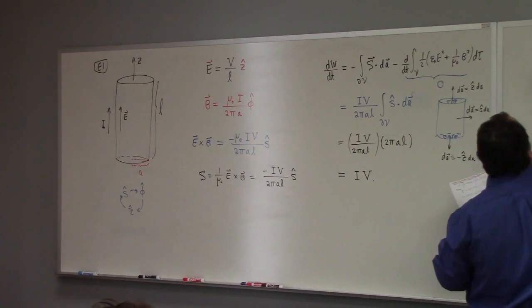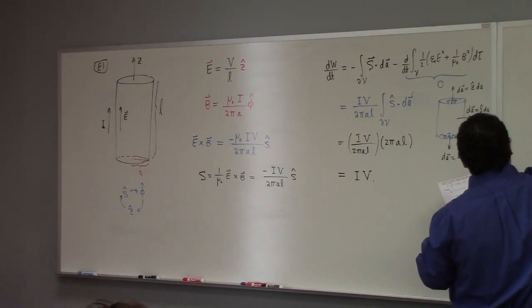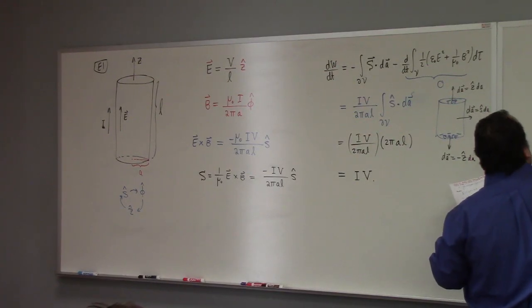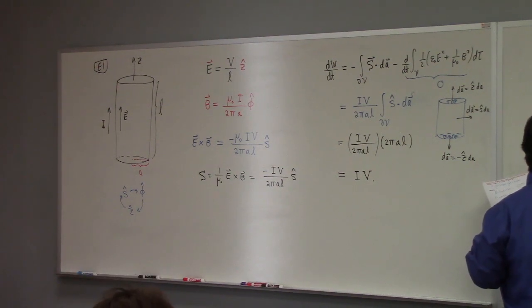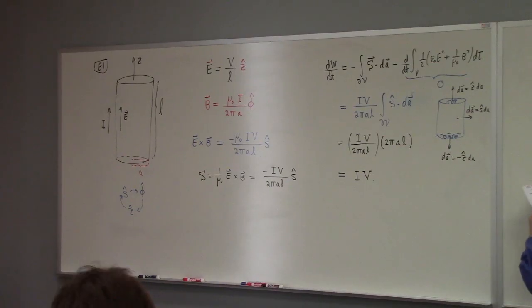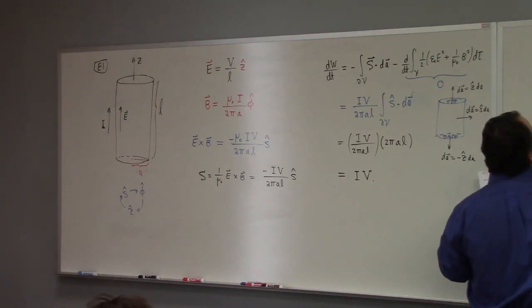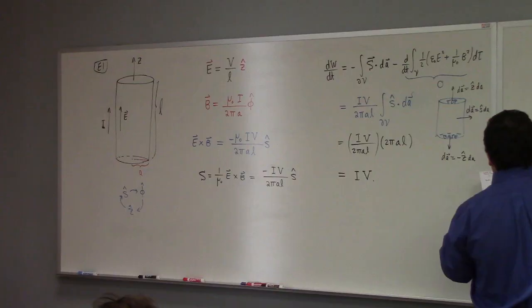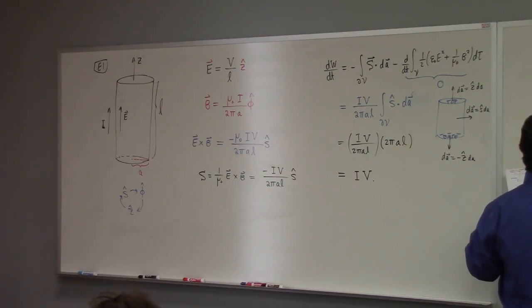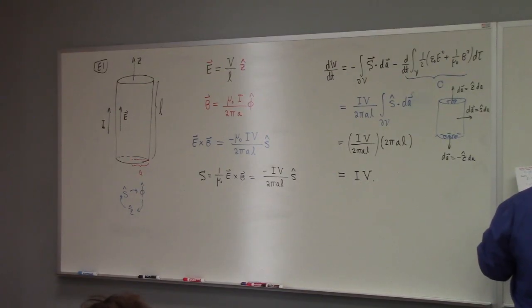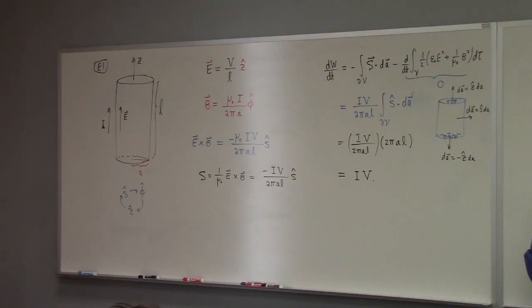So what we're up against here is we're trying to understand the force on charges in a volume, let's say V, given by, well, what's that given by? It is given by F equal to the integral over V of the electric field plus the velocity cross the magnetic field times the charge density d tau, right?